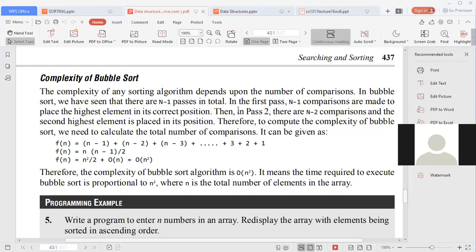Then in pass 2, there are n minus 2 comparisons, and the second highest element is placed in its position. Therefore, to compute the complexity of bubble sort, we need to calculate the total number of comparisons. Okay, now copy down this particular complexity of bubble sort.